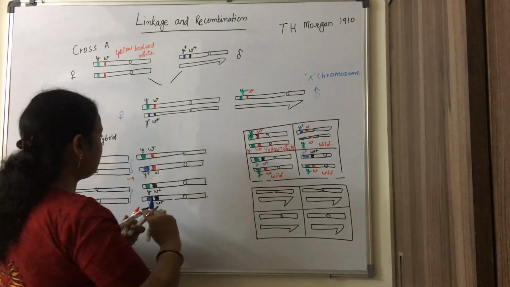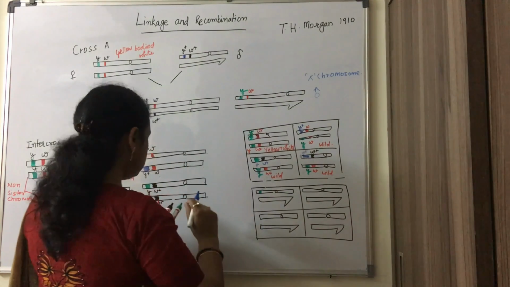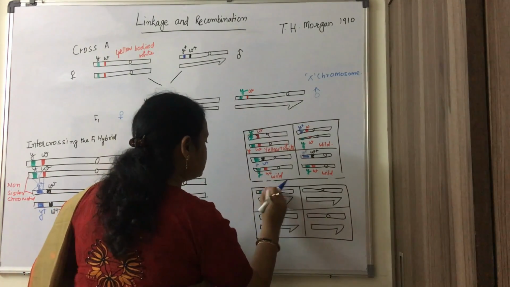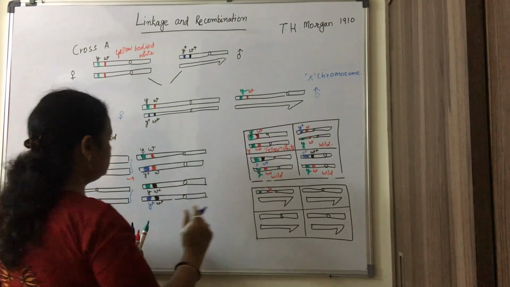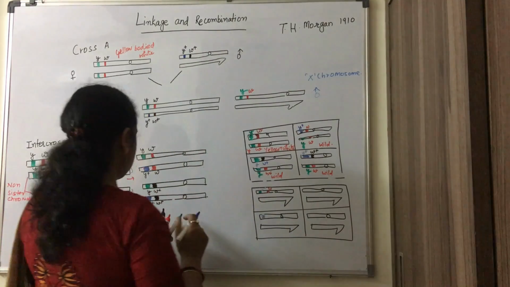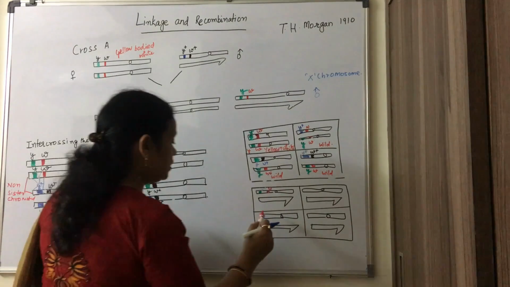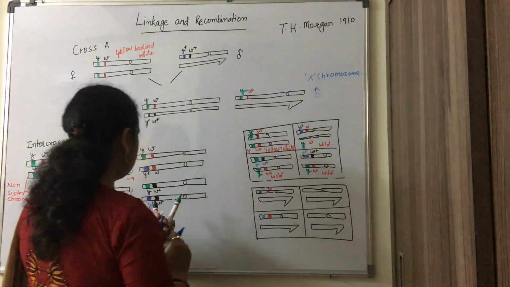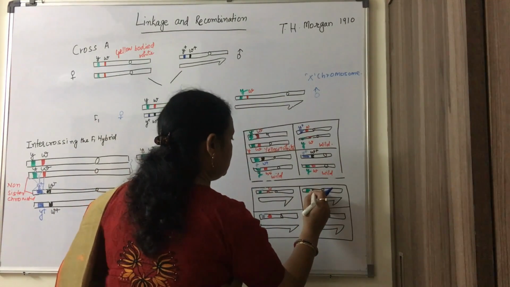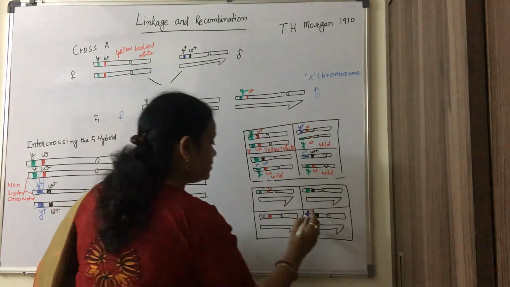Now let us see what happens in X. This is Y, this is W, this is red, this is black, this is blue.